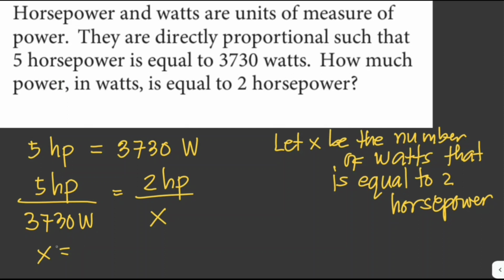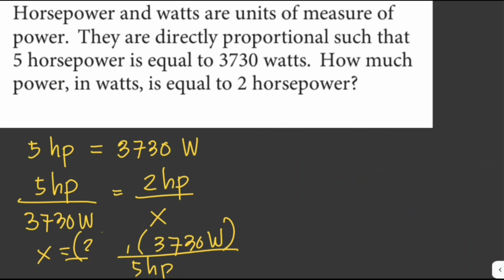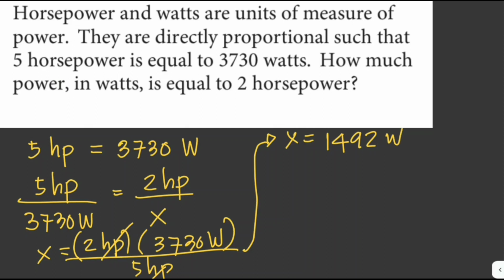Okay, we cross multiply, so that is 2 horsepower times 3,730 watts over 5 horsepower. So the unit horsepower here cancels out. Then our x is just equal to 1,492 watts. And that is the answer here, 1,492 watts.